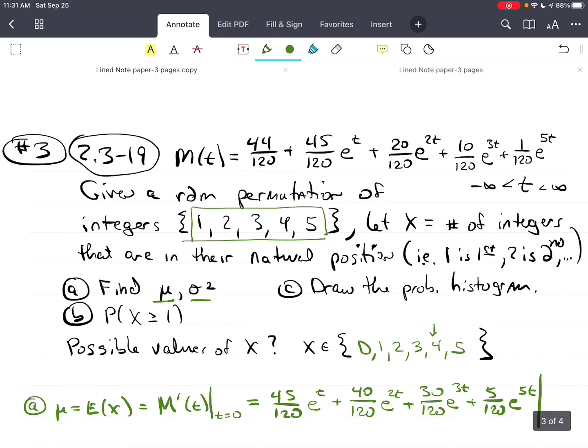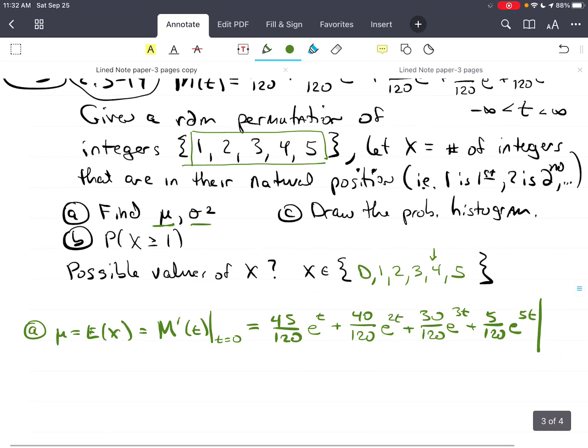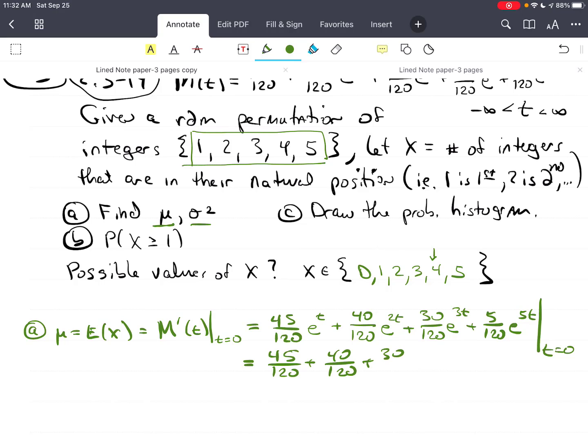We plug in t equals 0. And this means that all of the e's raised to the t'th power are going to 1. 0 times e to the 0 power is 1. All right. So I have 45 over 120 plus 40 over 120 plus 30 over 120 plus 5 over 120.